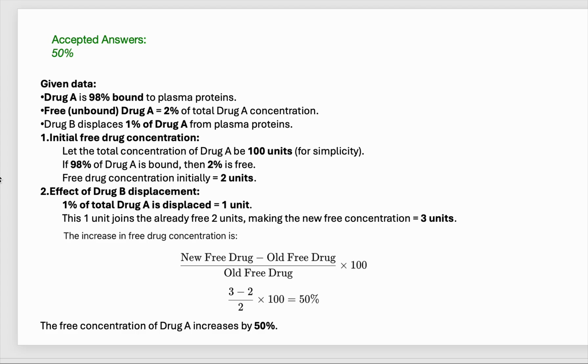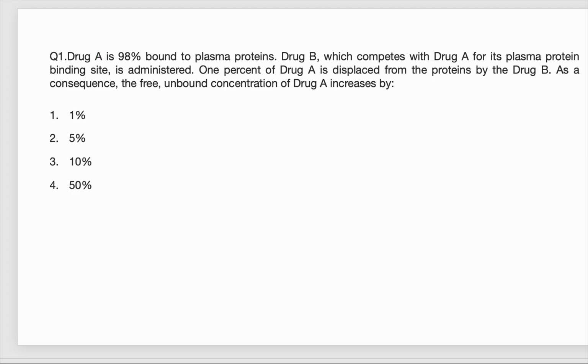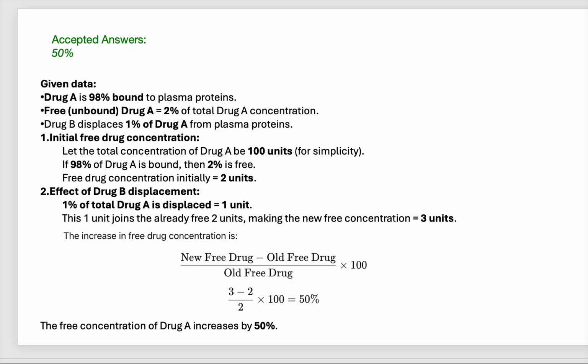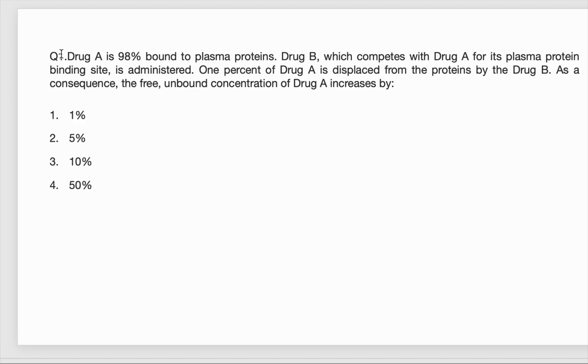So they're asking about the concentration of free drug in the body, like what's the increase of the free drug in the body, right? They say that 98% of drug A is bound to plasma protein.